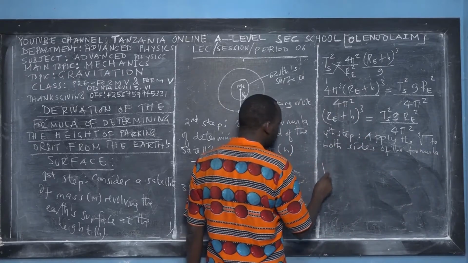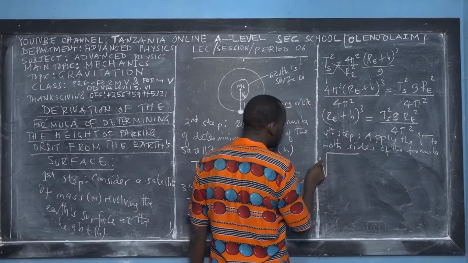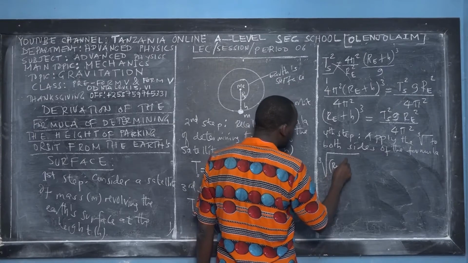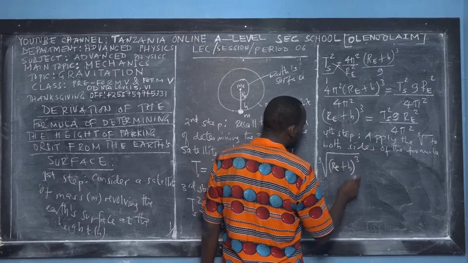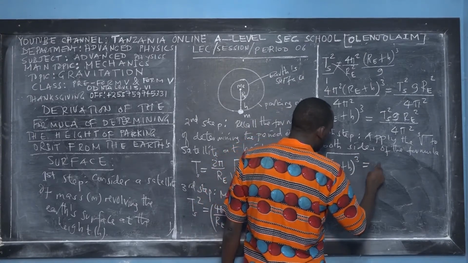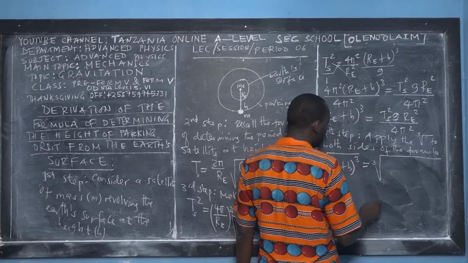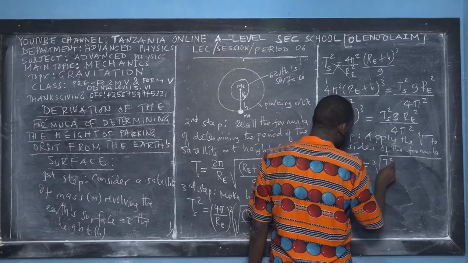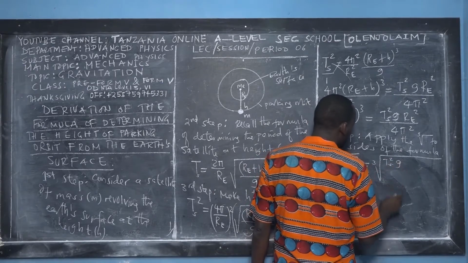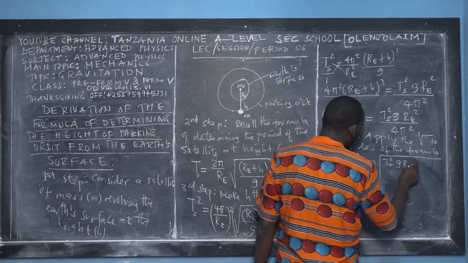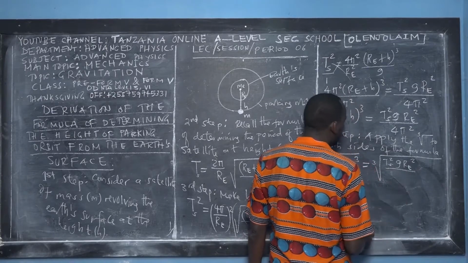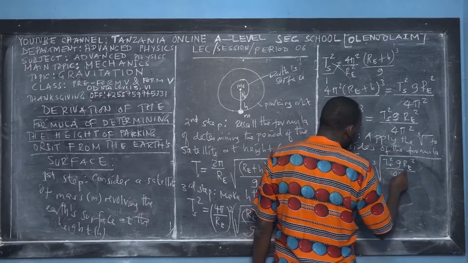So it means that we have to apply the cube root to the radius of the Earth plus the height H cubed, and then you apply the cube root to the square of the period, acceleration due to gravity, radius of the Earth squared, divided by 4 pi squared.